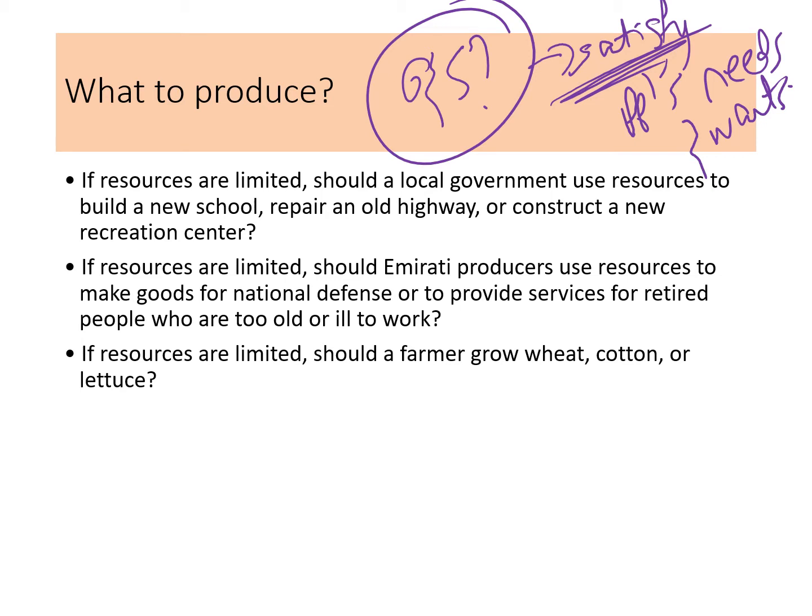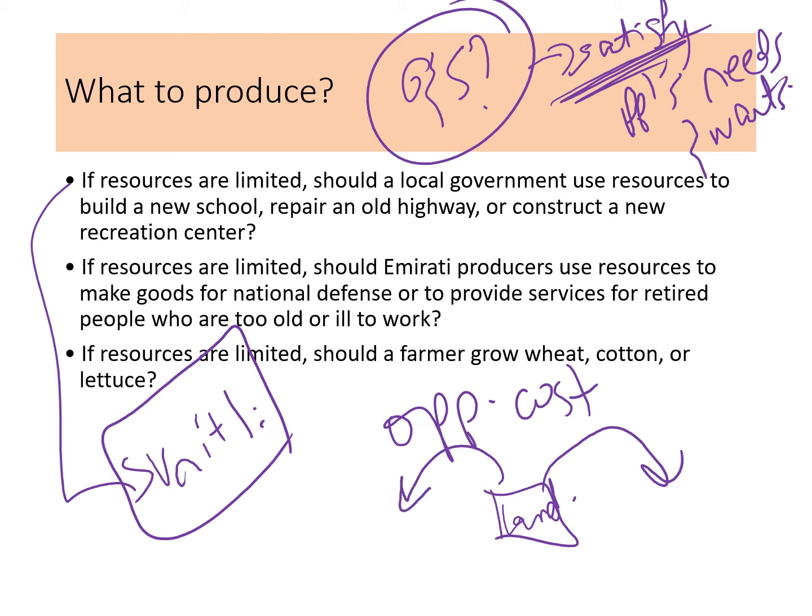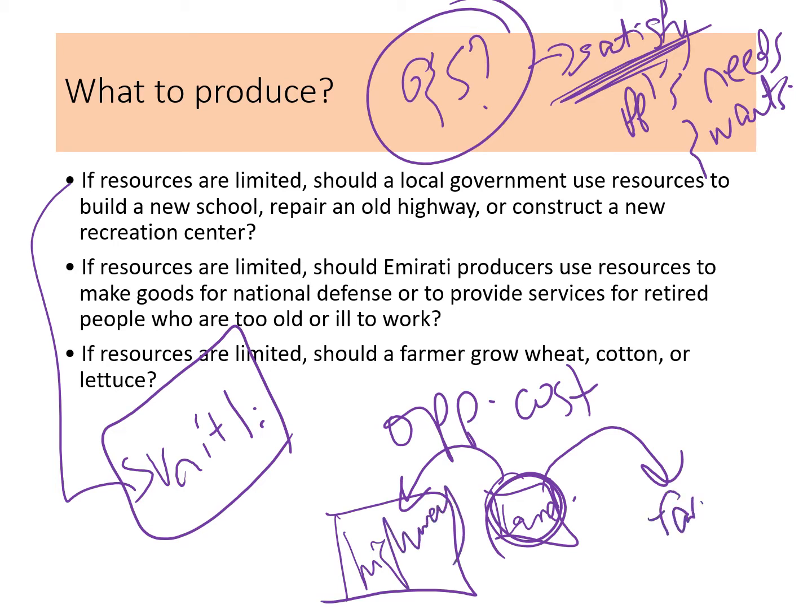Whereas, for example, in Unit 1, when we were explaining the opportunity cost, remember, we were talking about the government having a piece of land, and land is a scarce resource, and the government needed to choose what to make with this piece of land. Should they build a highway, or should they use a farmland?